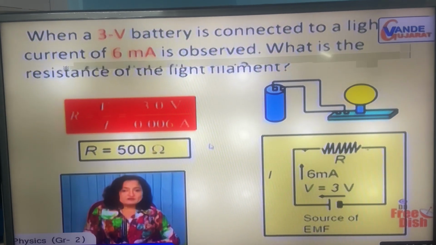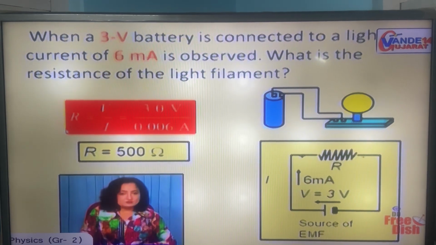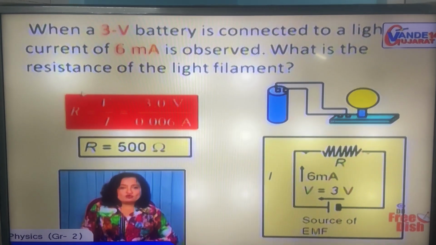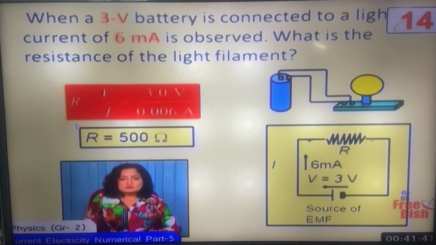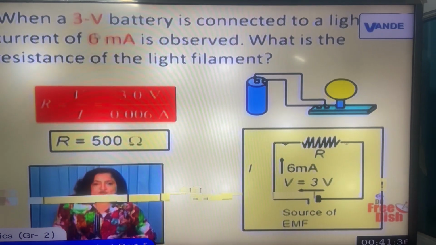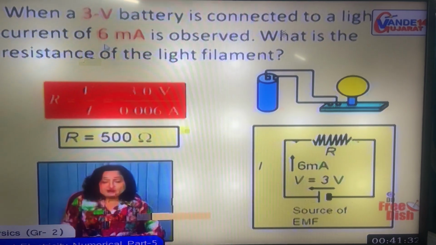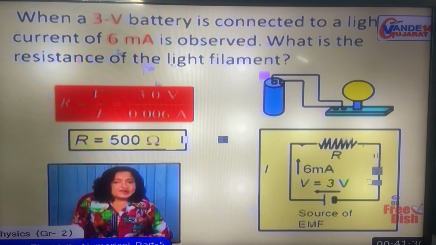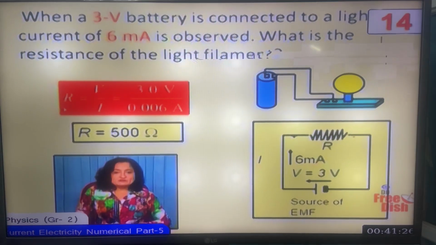So what we have done? We have simply substituted all the values given to us in the Ohm's law formula. This is what you need to do when you start calculating a numerical: you should know what is given to you, and you should decide what formula fits to find out the unknown physical quantity.